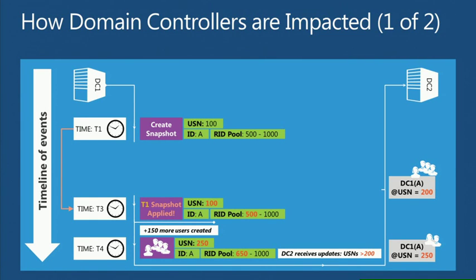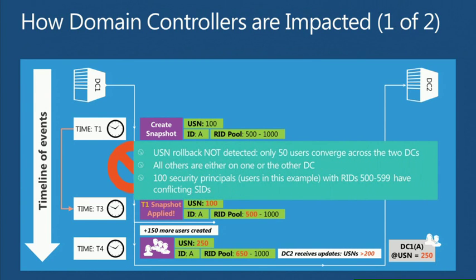All right? And that essentially gives me RIDs from 500 to 650. The RIDs from 500 to 600 have been reused in the system. So what happens as a result is that domain controller 2 will only get updates from USN greater than 200, because it thinks that it is up to date with domain controller 1 up to USN 100.